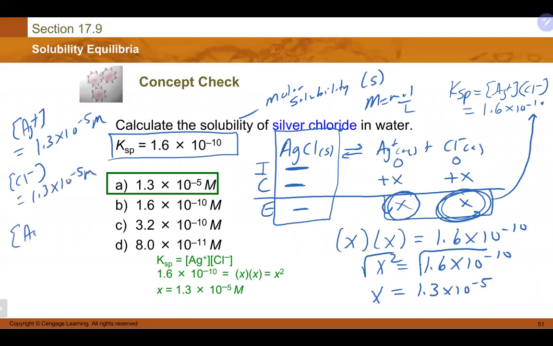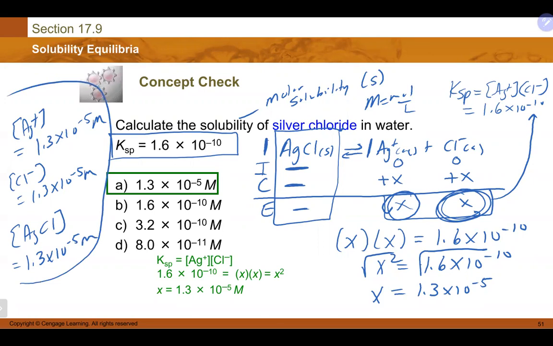What would be the solubility of the silver chloride at this point? We'll just take silver, a 1-to-1 relationship, which means the solubility of silver chloride is also 1.3 times 10 to the minus 5. Again, that's because it's all a 1-to-1 relationship.